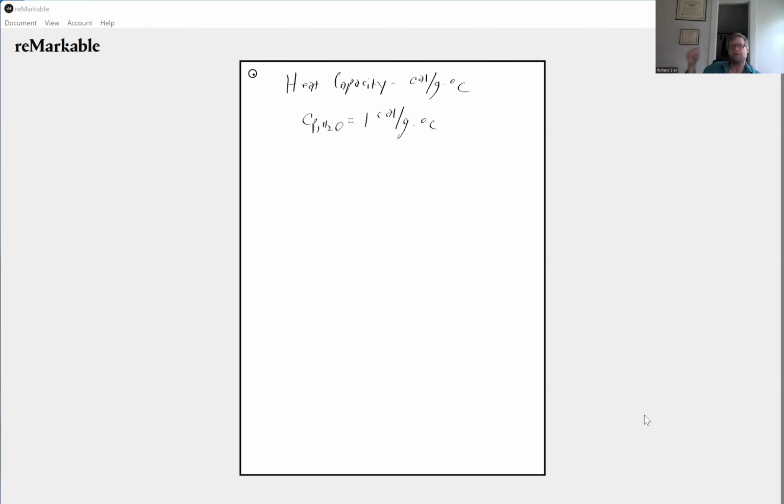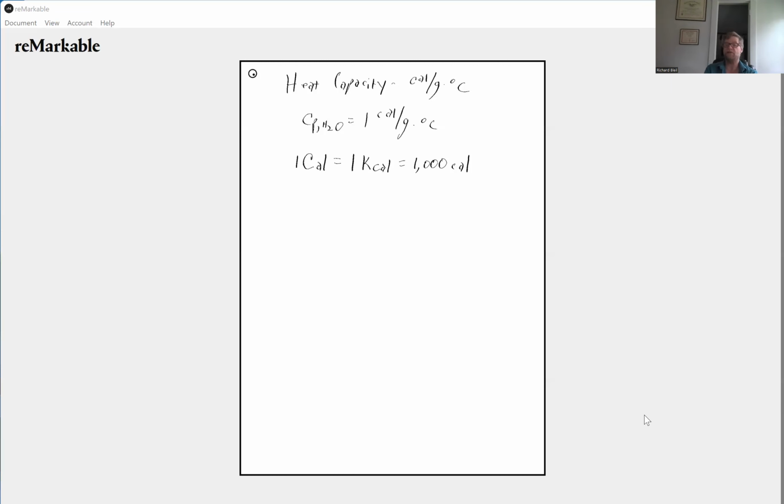But you'll notice the Calorie is written with a capital C. A nutritional Calorie is written as a capital C, and it is actually 1 kilocalorie. So a nutritional Calorie is enough energy to raise 1 kilogram of water 1 degree Celsius, or 1,000 grams 1 degree Celsius, which is about 2.5 pounds.